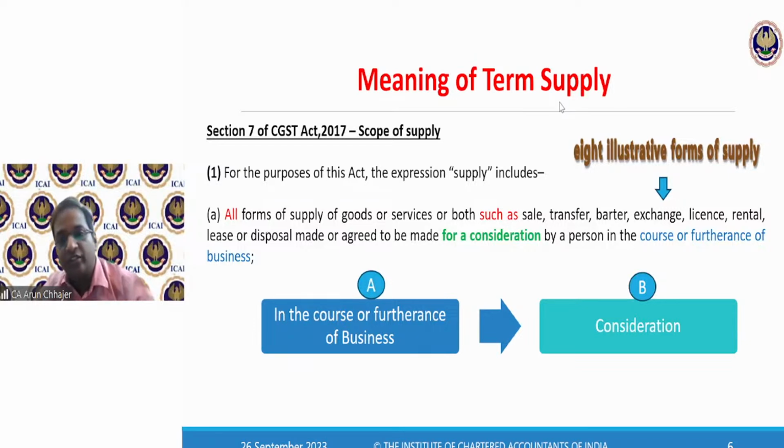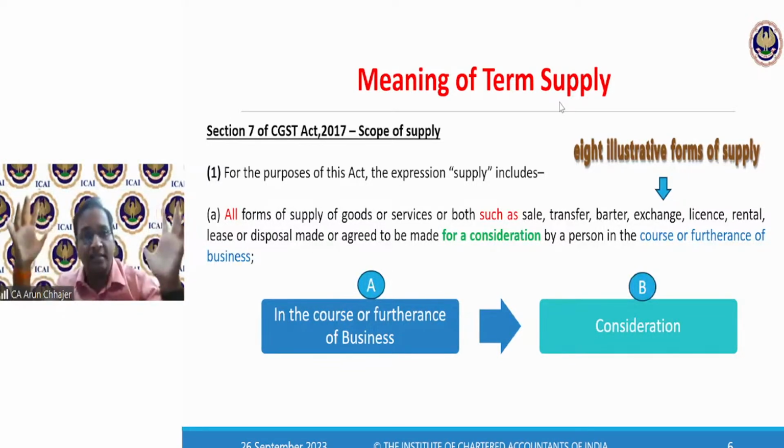One definition which is starting with the word means is very exhaustive. Very nice. And if it is starting with the word includes, it is an inclusive definition. What is the basic meaning? Exhaustive is very limited in scope. But when the definition starts with the word includes, it enlarges the scope.